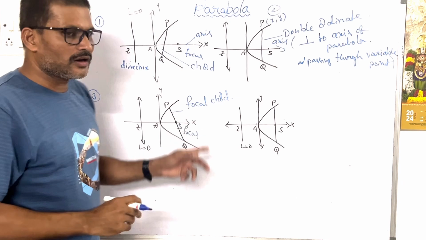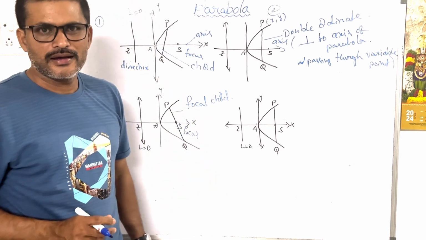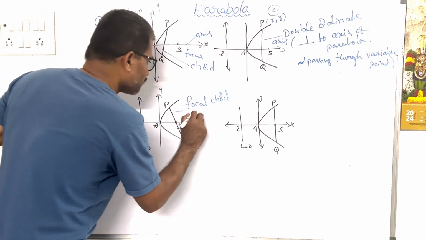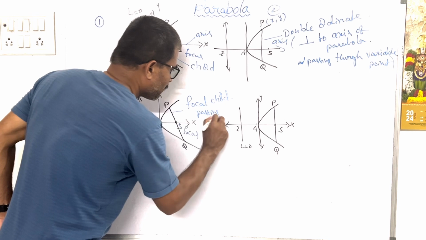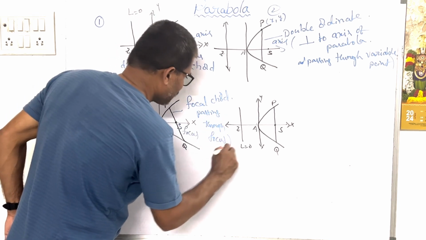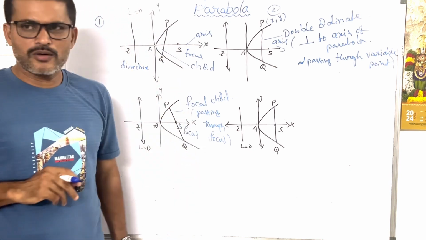Any chord of the parabola passing through the focus only is called a focal chord. So this is one more important term.